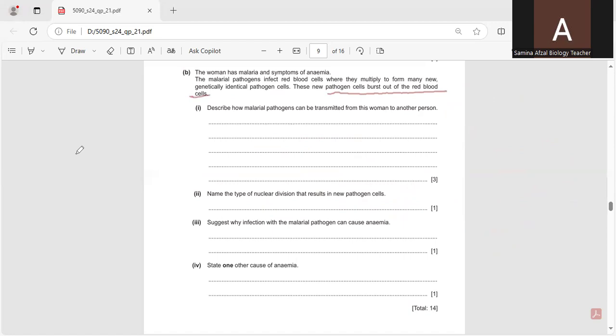Now describe how malarial pathogens can be transmitted from the woman to another person. They are transmitted by a vector, and the vector is a mosquito. So the mosquito is helpful in the transfer of pathogens from a patient to a healthy person.